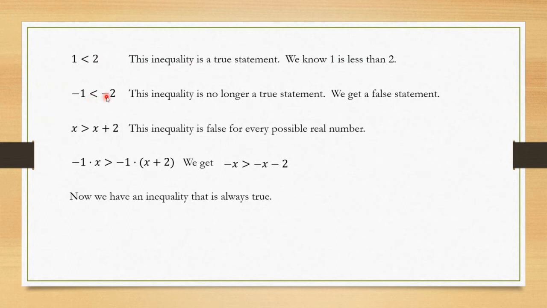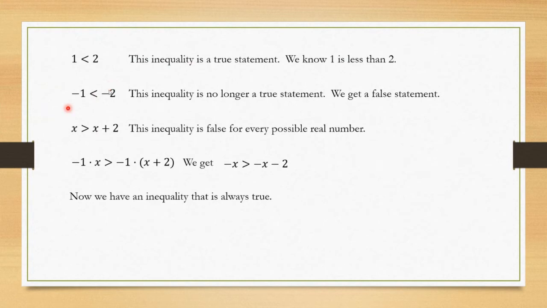That's not true, though. -1 is not less than -2. -1 is bigger than -2. So we did not flip the inequality symbol, and now we have something that's false. First we had something that was true, and now we have something that's false.